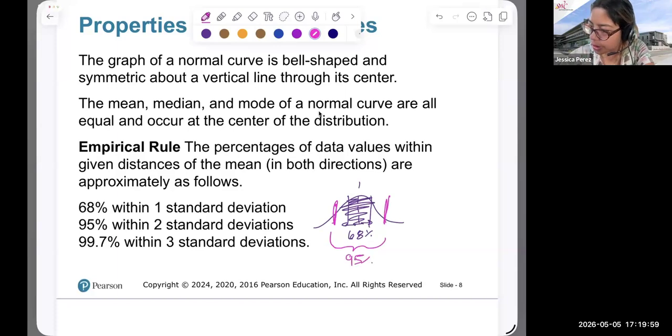And lastly, this orange has more data, which is 99.7%. So all of the data will lie within 3 standard deviations away. That sigma means standard deviation, the population standard deviation.